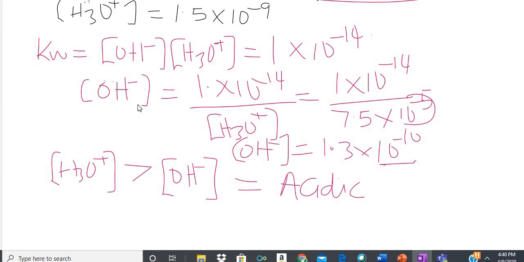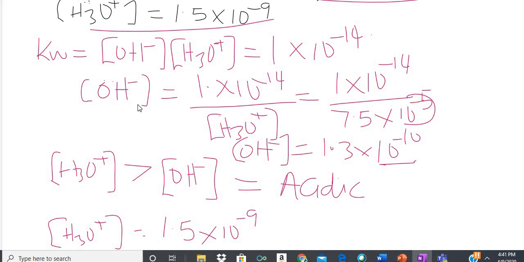So for the second one, in which we have our hydrogen ion concentration to be 1.5 times 10 to negative 9, which is this one.